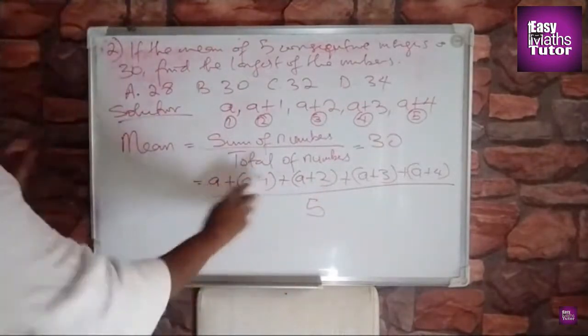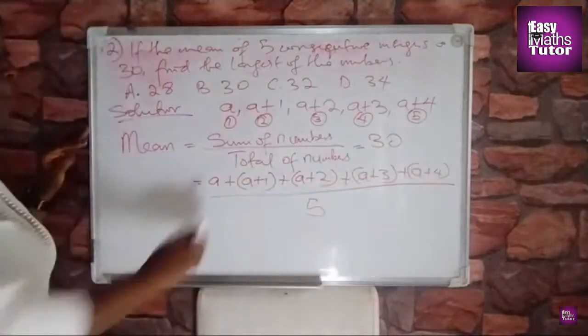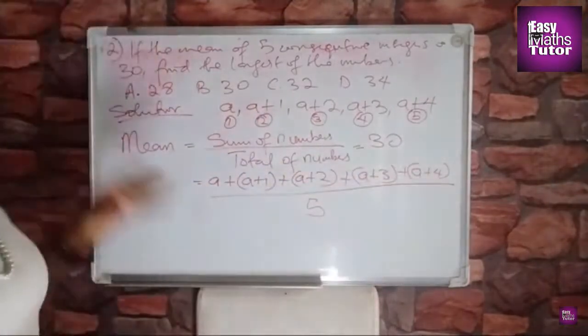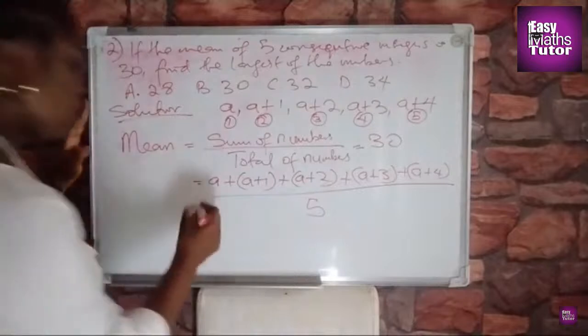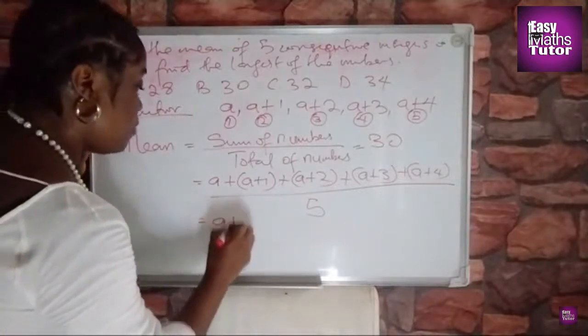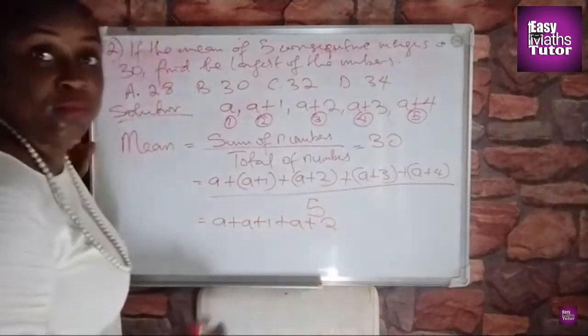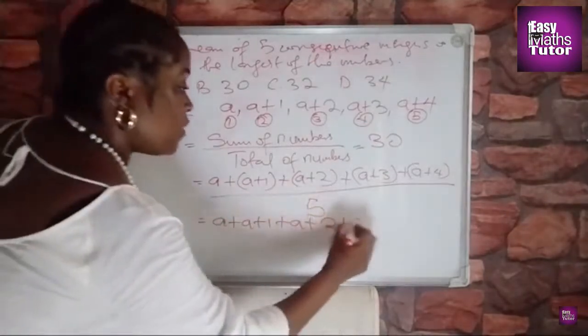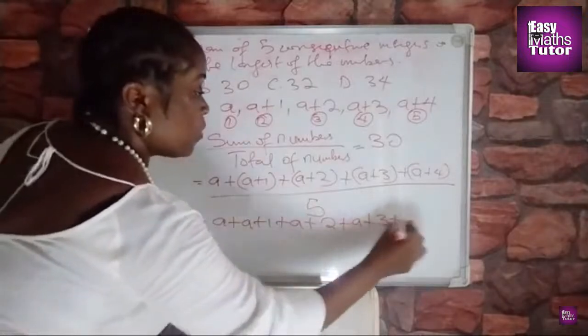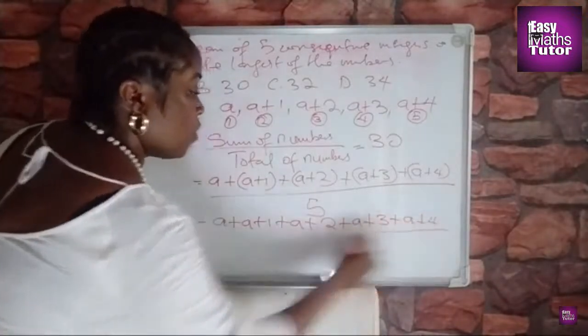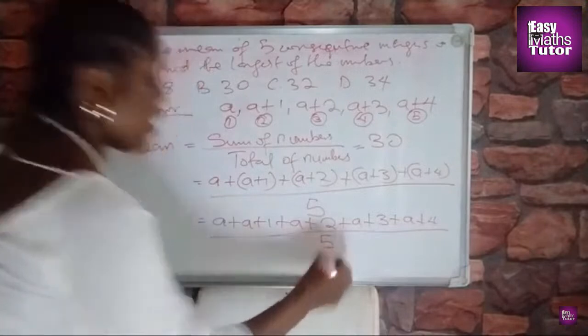So let's open up this bracket and add it up. We open up the bracket, then pick like terms: A plus 1 plus A plus 2 plus A plus 3 plus A plus 4 all over 5.